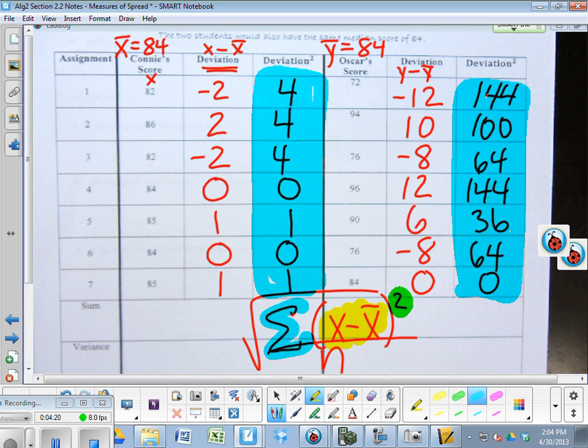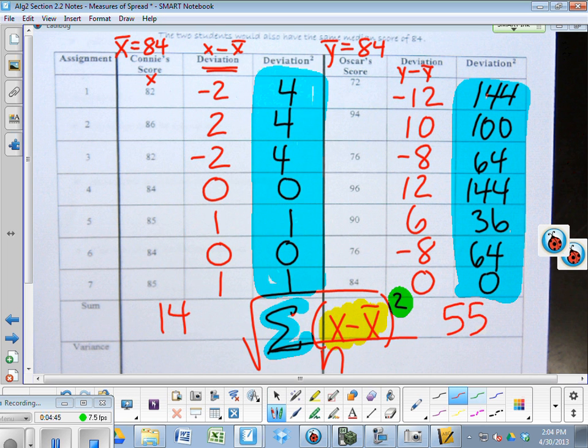This is how long it takes. No matter how big the data set is, it can pretty much handle it. All right? Well, let's go. 4 plus 4 plus 4 plus 1 plus 1. 14. That's the sum of her deviations squared. His? 3. What do you got? 550, 552.